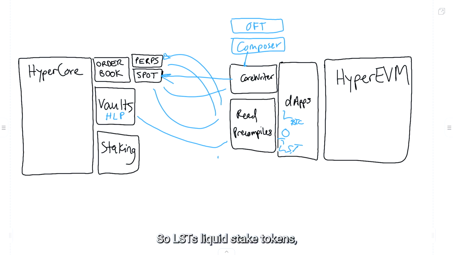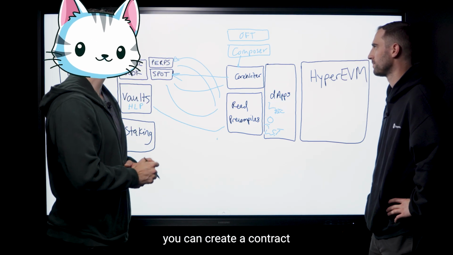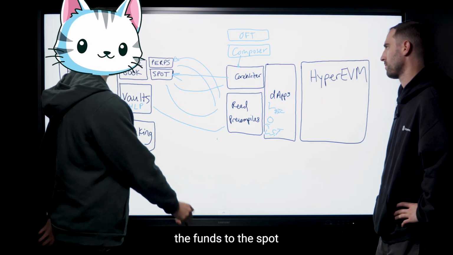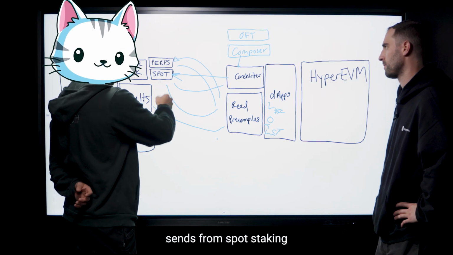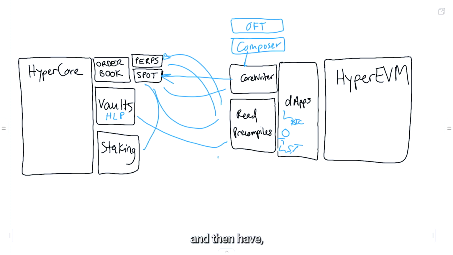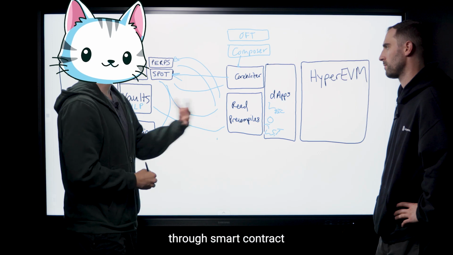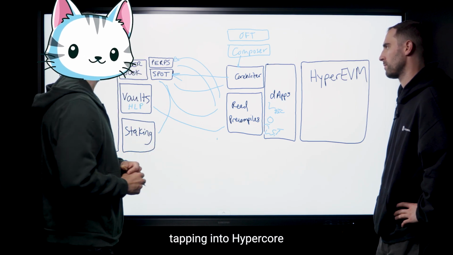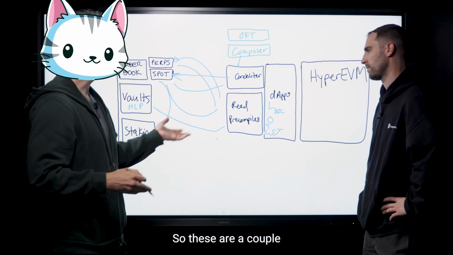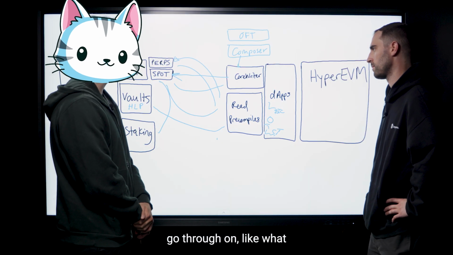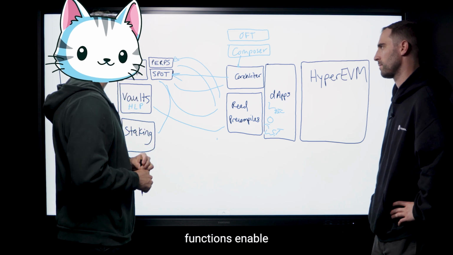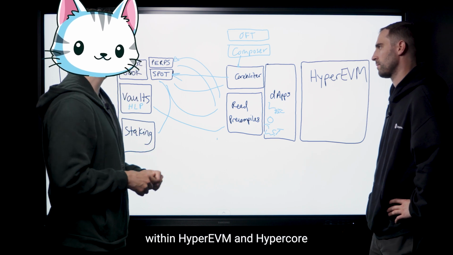LSTs, liquid stake tokens, you can create a contract on Hyper EVM that essentially sends the funds to the spot balance, then sends from spot to staking, and then have a liquid stake token that has been staked through a smart contract, and create that tokenized representation on the EVM all through a smart contract, tapping into Hypercore and those components. Yeah, so these are a couple different actions that we can go through on what read precompiles and the core writer functions enable within Hyper EVM and Hypercore.